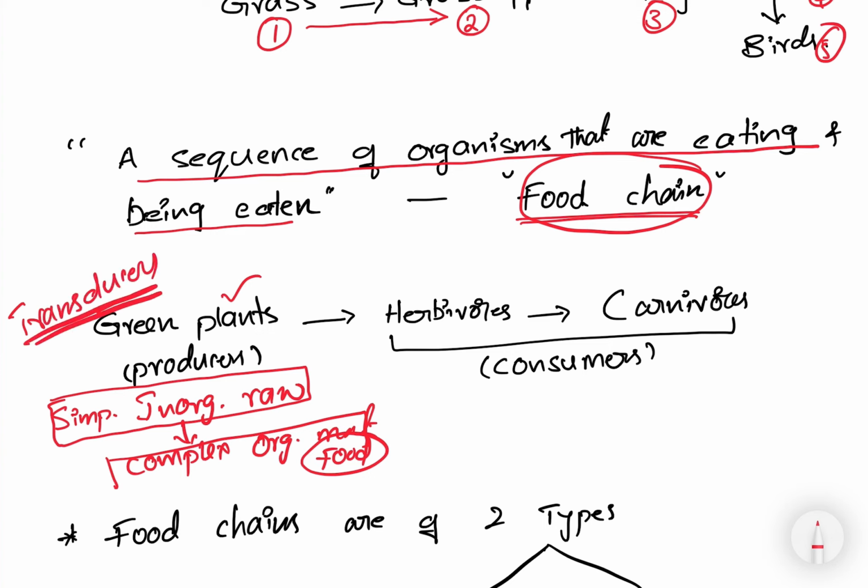Herbivores, the next level organisms, and carnivores, the top level organisms in any ecosystem, can be considered consumers. Herbivores can be called primary consumers and carnivores secondary consumers.